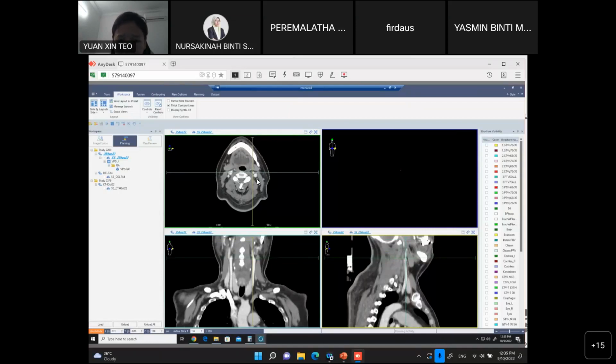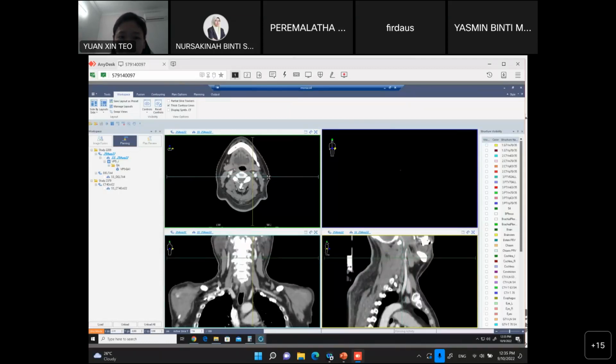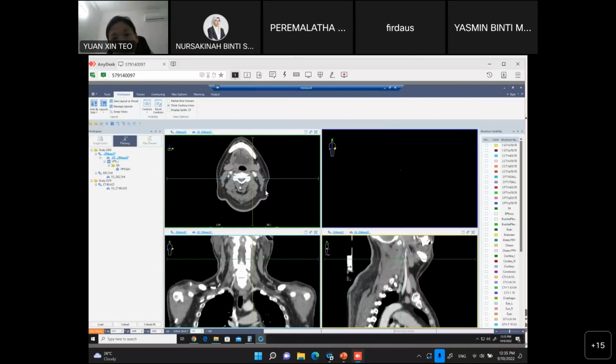You can see this small dot here. Actually, this is a swollen lymph node that we need to treat as a target. So without contrast, it may be a little bit difficult for the doctor to differentiate which one is which. So the purpose of the contrast is to differentiate blood vessels and lymph nodes. Okay.